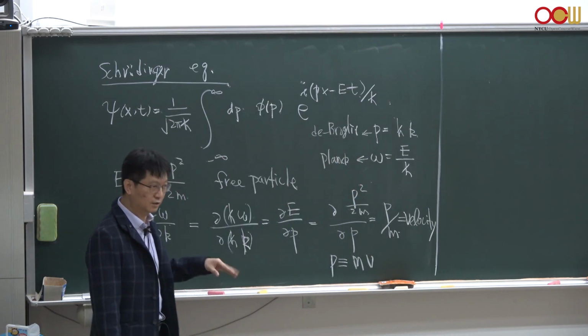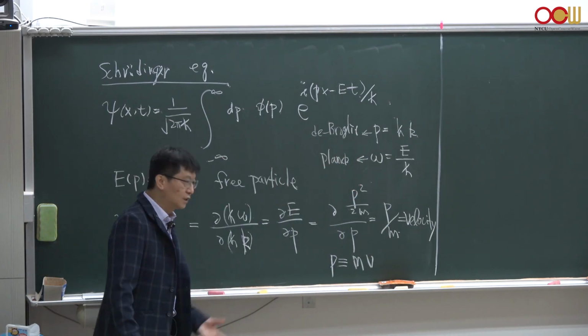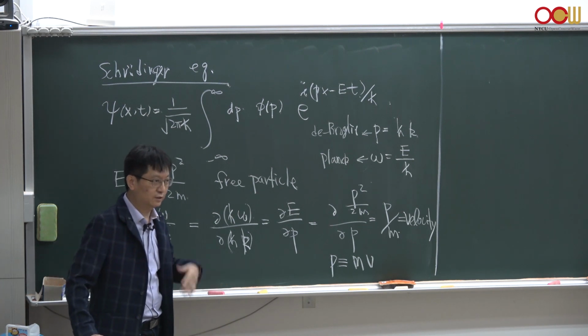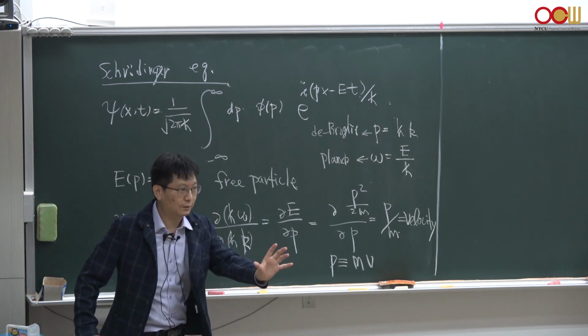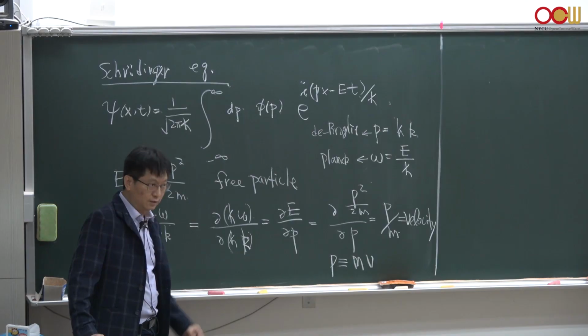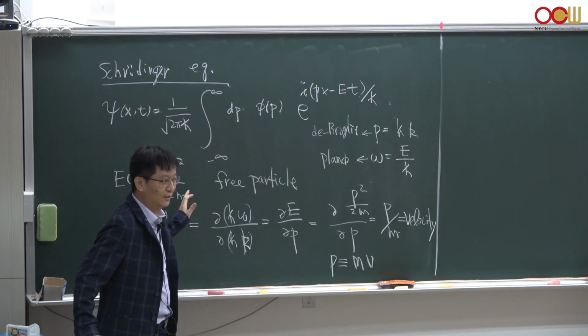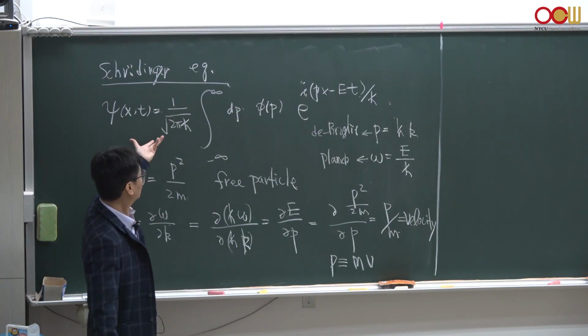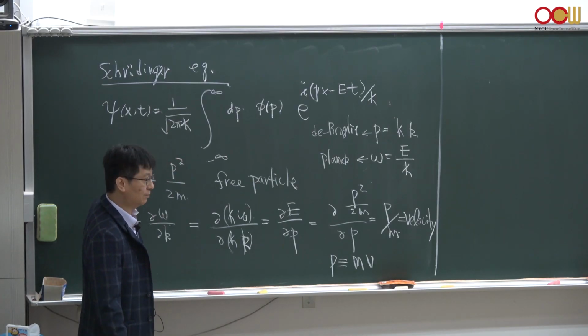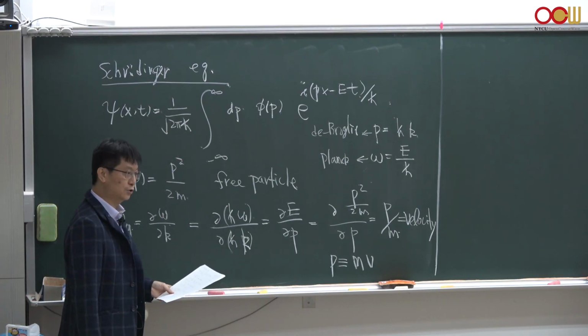So this velocity simultaneously gives you two pieces of information: one is the velocity of the wave packet, another is the velocity of a quantum particle. All right? It sounds like a very simple formulation, but it encodes very rich physics.